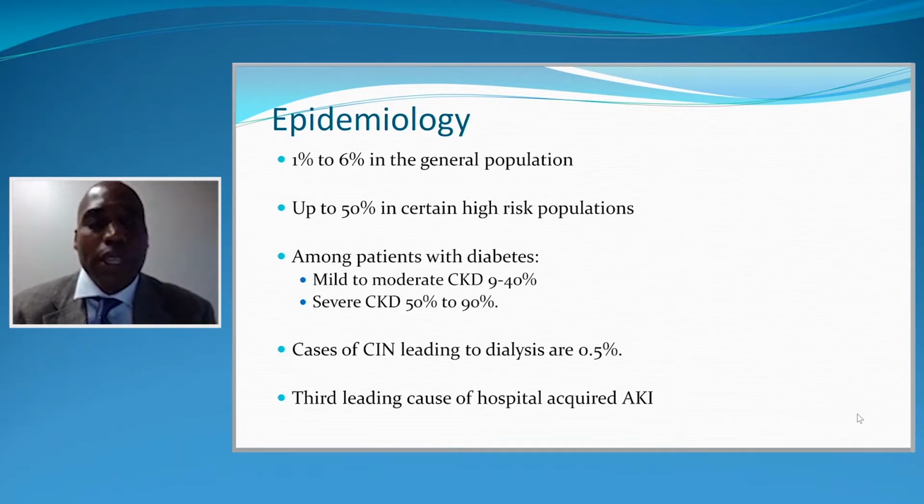Among patients with diabetes with mild to moderate chronic kidney disease, you can see it in 9 to 40%. In those patients with severe chronic kidney disease, it may be seen in 50 to 90%. Cases of contrast-induced nephropathy leading to dialysis are approximately 0.5%, and it is the 3rd leading cause of hospital-acquired acute kidney injury. So it's behind episodes of hypotension leading to ATN and also surgery-related renal failure.